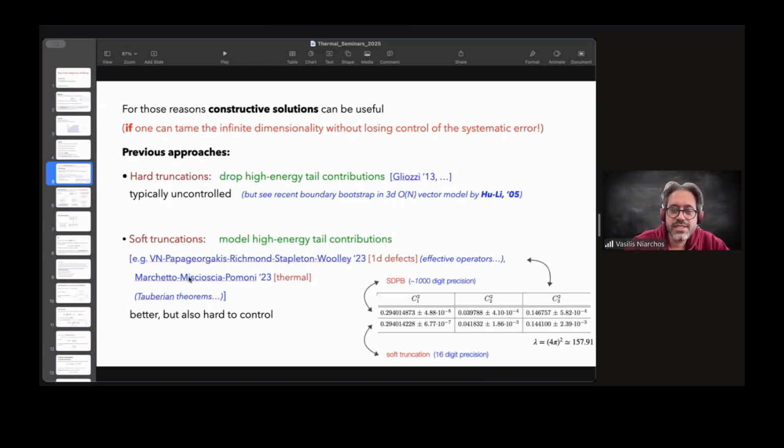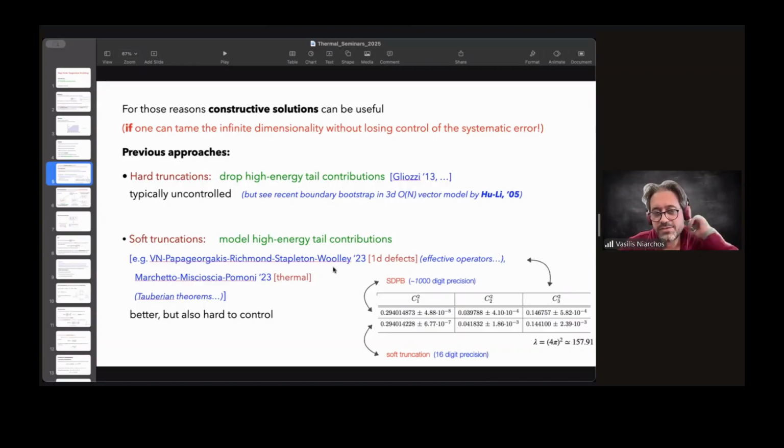Now, although this is clearly an improvement compared to the blind hard truncations, it is still hard to implement this approach in a generic context. Basically, it's very hard to control the systematic error.